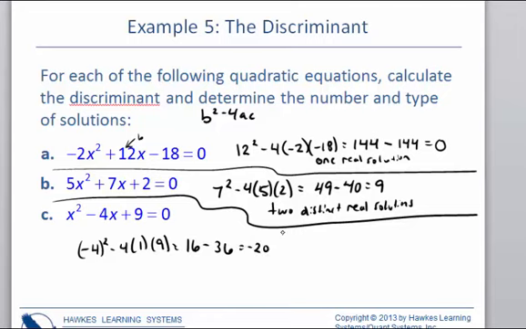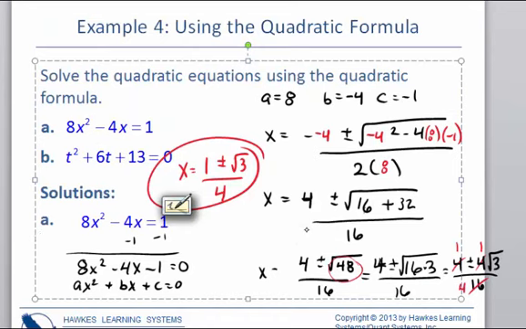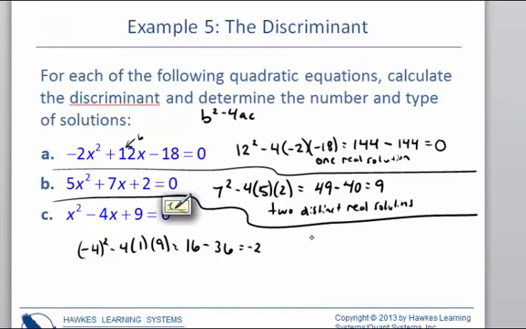Remember that if we have a negative number, we have two solutions, but they are complex solutions, meaning that they have the i in them. And those two complex solutions are conjugates of each other.